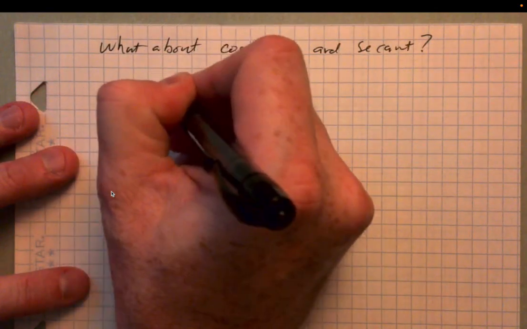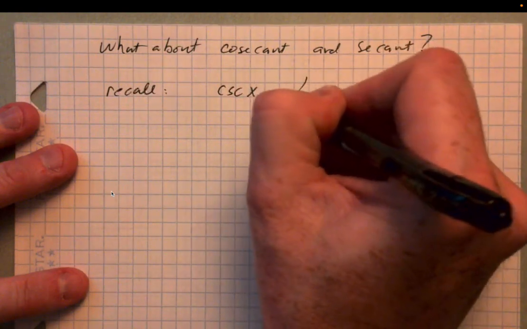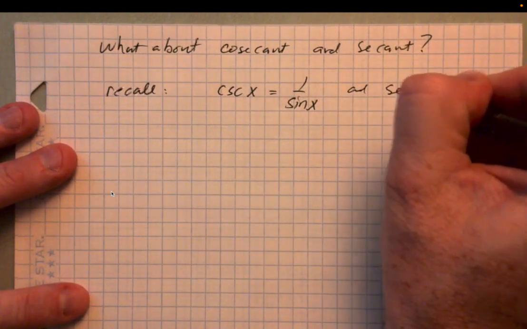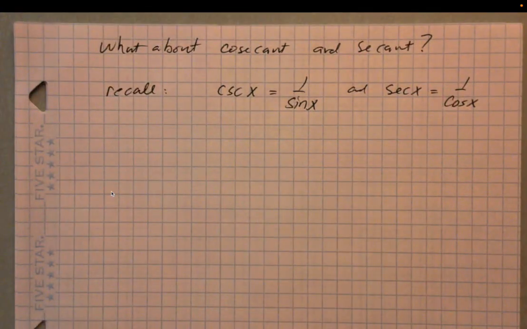Recall that the cosecant of x is equal to 1 over the sine of x, and the secant of x is equal to 1 over the cosine of x. So this tells us that the value of the cosecant function is the reciprocal of the value of the sine function.